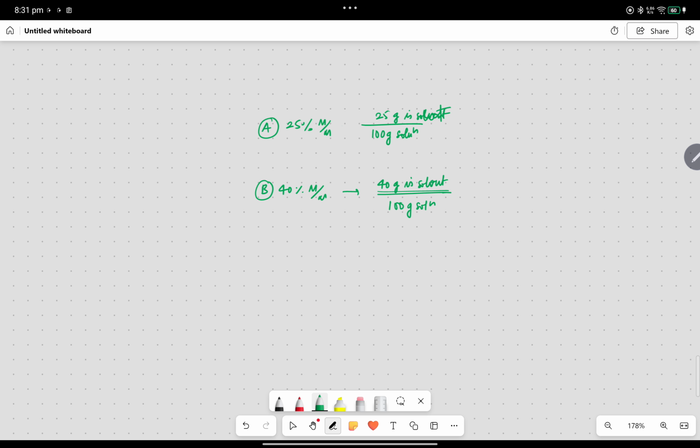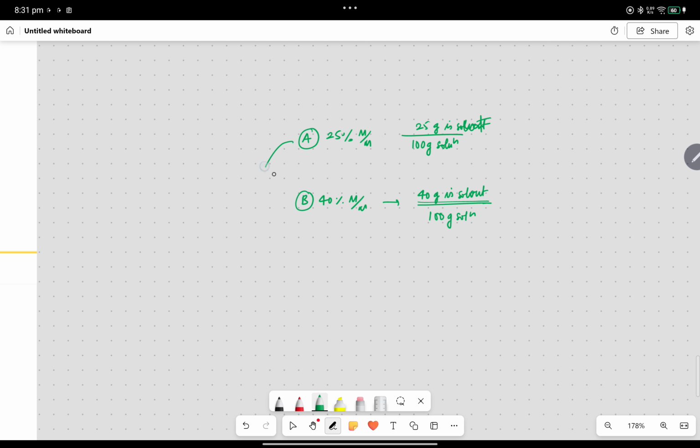And what is going to happen here is we are going to mix them and make a new solution, that is C, and you have to calculate the mass percent for the C solution, right? So how are we going to calculate that? Simple.